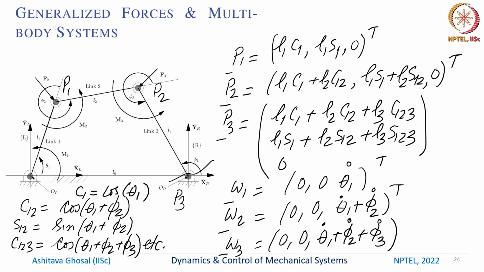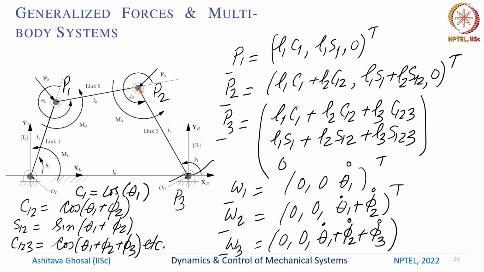So the position vector of this point P1 is given by L1 C1, L1 S1, 0. So we are intentionally writing it as a 3D vector, although everything is happening in the plane. And the reason why we are writing in 3D is the angular velocity vector is actually along the z-axis.